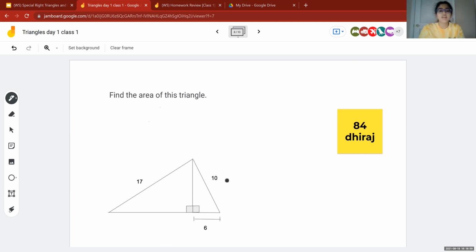Okay, find the area of this triangle. So remember, we did solve for the other parts of the triangle earlier, so you should already have the base and the height.